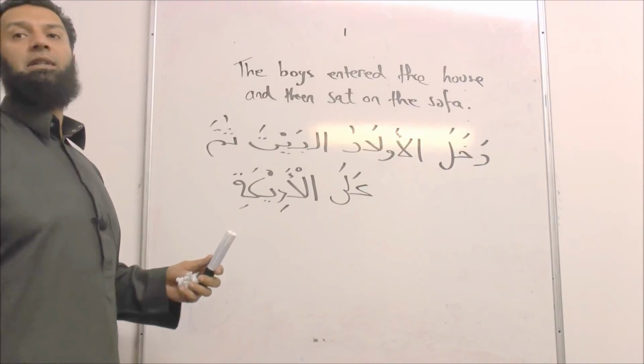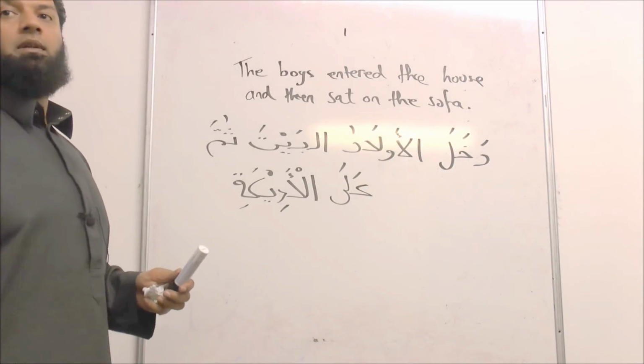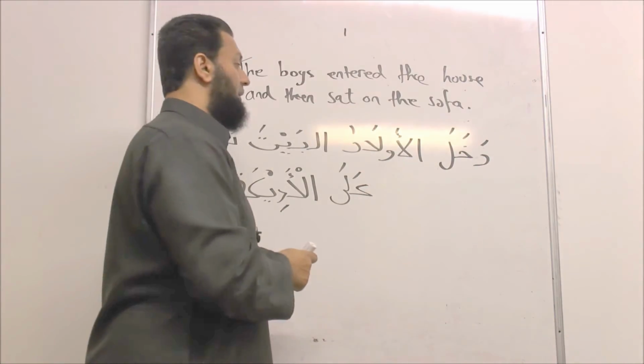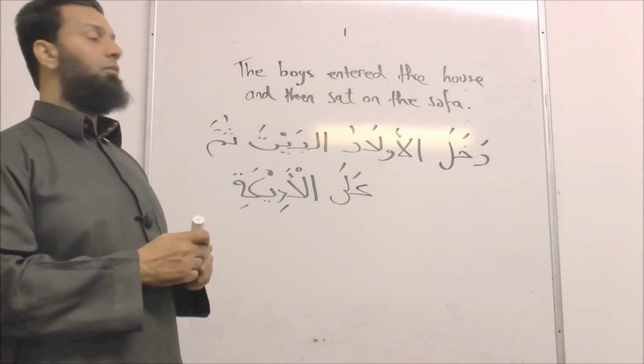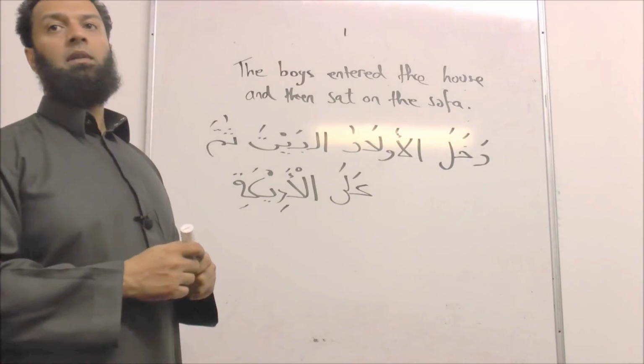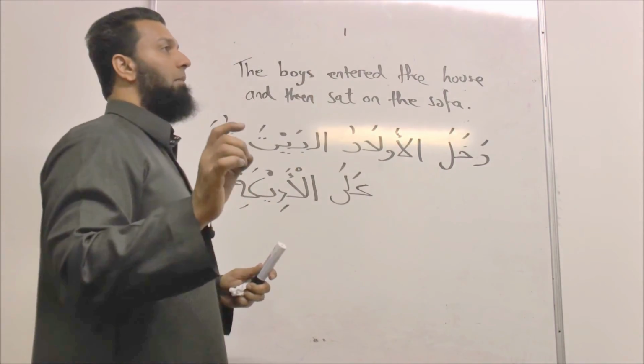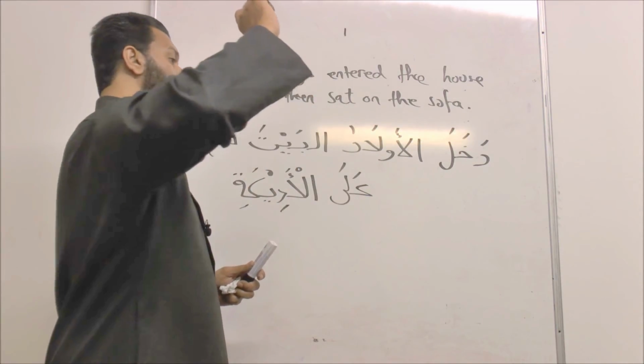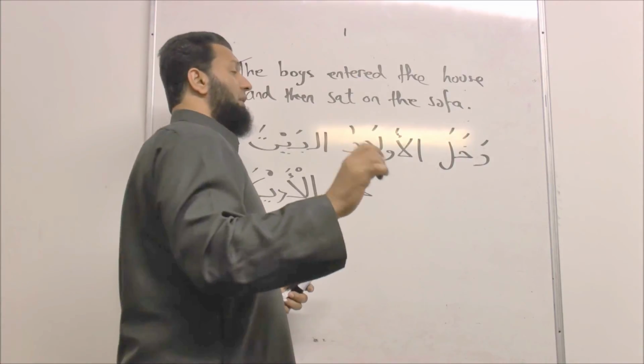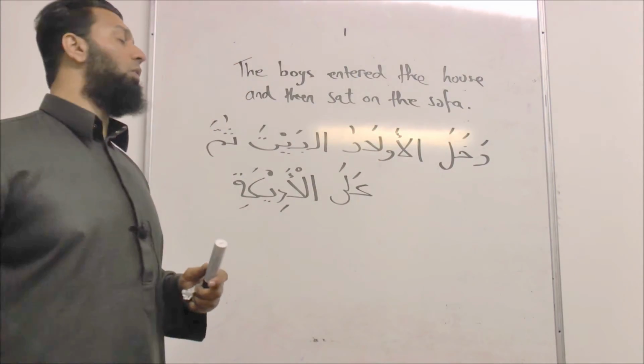Yajlisuna. No, you've turned it into al-fi'l al-mudari. Oh, sorry. It has to be past. I've forgotten. Right. Remember, you need to memorize one series of conjugations for a verb and then apply it to all the others.